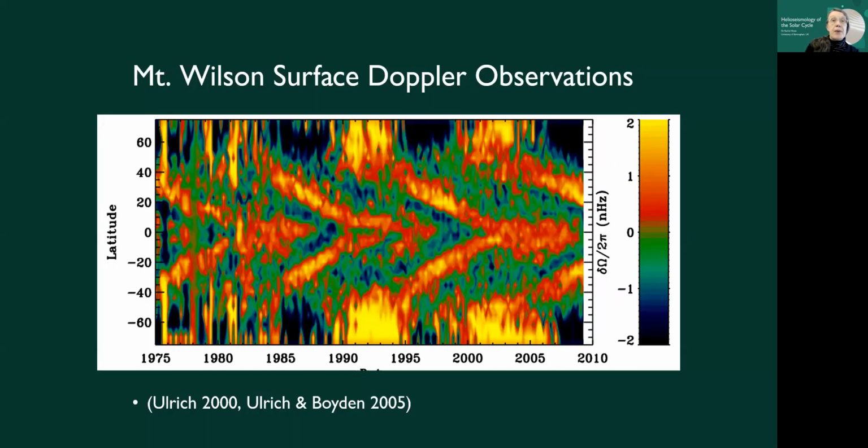And one interesting thing about the torsional oscillation is that the belts of faster rotation appear earlier and at higher latitudes than the active regions do. So we can use them to get an idea of when the next cycle might start.